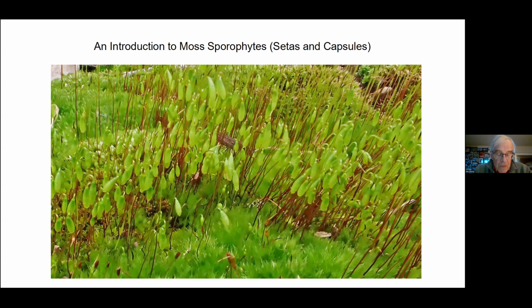I collect mosses mostly in Southwest Colorado and New Mexico, but also in New England. And if you've used keys from the Northeast or the East, you'll find that the bryologists use a lot of characteristics of capsules in their mosses, I mean, in their couplets in the keys.